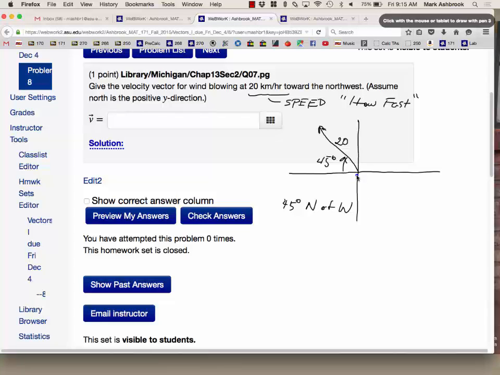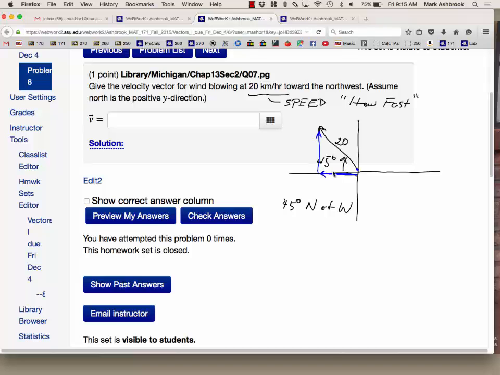So we've got an x component, and what do we know about the x component right off the bat? Negative, right? The x component will be negative, and the y component will be positive. And how do we get those magnitudes? So this is our x component of v and our y component of v.